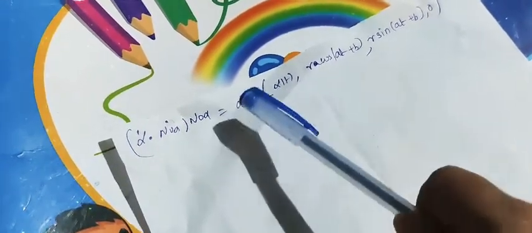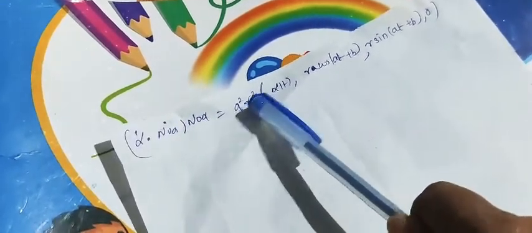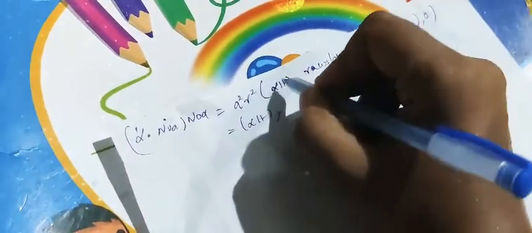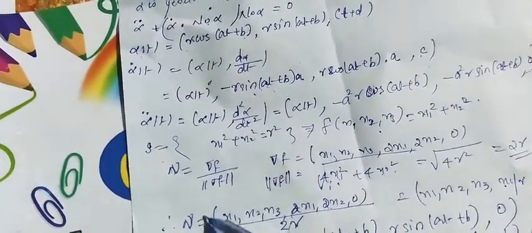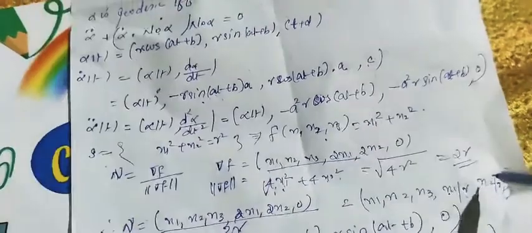So next we find alpha dot n composition alpha dot into n composition alpha. So alpha dot n composition alpha dot is a square r square into this one, n composition alpha of t. Sorry, we have a correction. So n is x1 divided by r, x2 divided by r, 0.